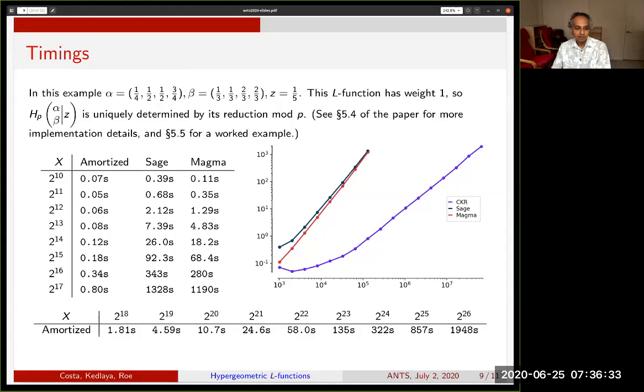On the other hand, the new algorithm at 2 to the 17th is outperforming Sage and Magma already by 3 orders of magnitude. And if we carry this algorithm out somewhat further, we can get past 2 to the 24th. And you see that the complexity does indeed appear to be linear. The slope on this line in the log-log graph does appear to be 1.